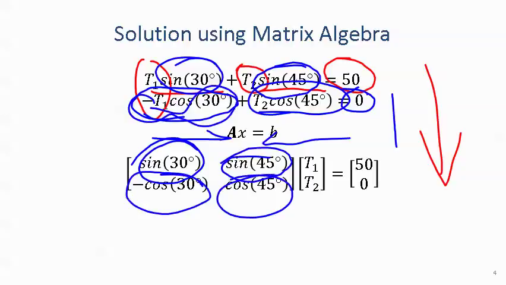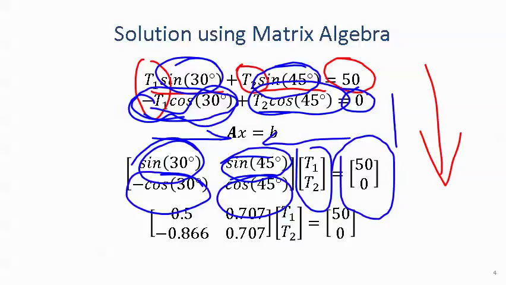Those are our matrix A terms. Our unknowns are tension 1 and tension 2, and our result vector is 50 newtons vertical, 0 newtons horizontal. So reducing that from sines and cosines to numerical values, this is what we end up with.